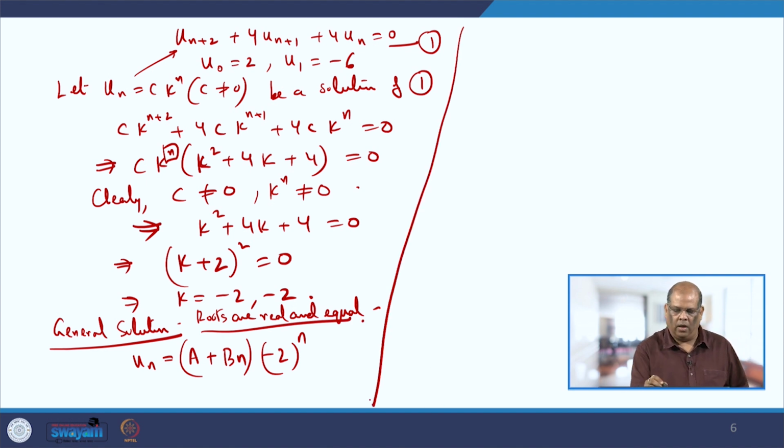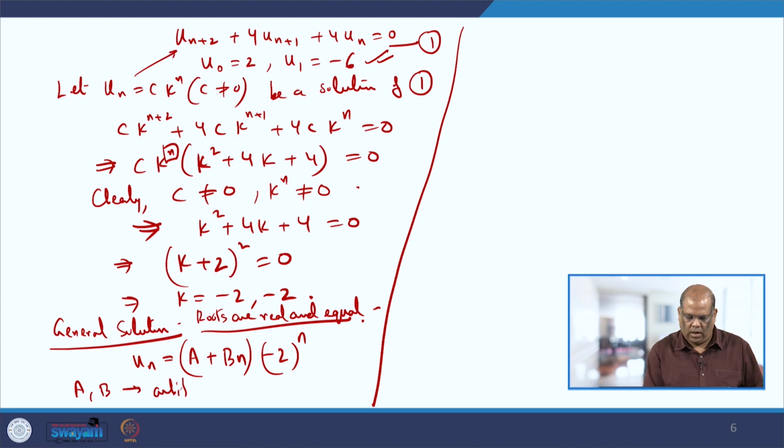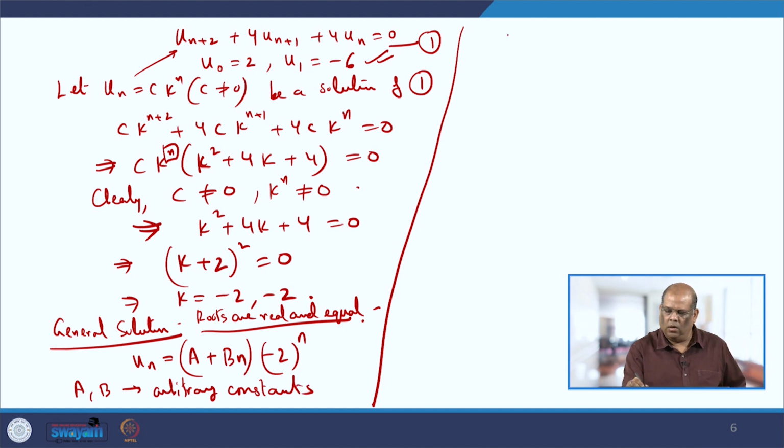Now, you have been given two conditions which you have to substitute here and get the value of the arbitrary constants a and b. So I write this one again, un equal to a plus bn into minus 2 whole to the power n.